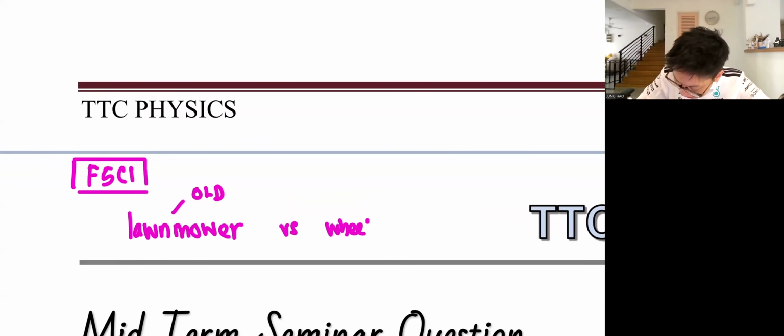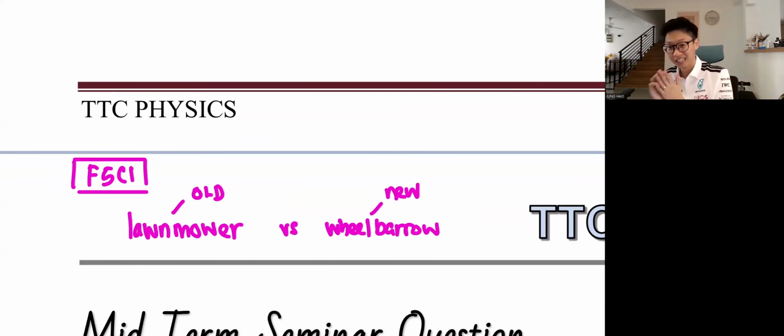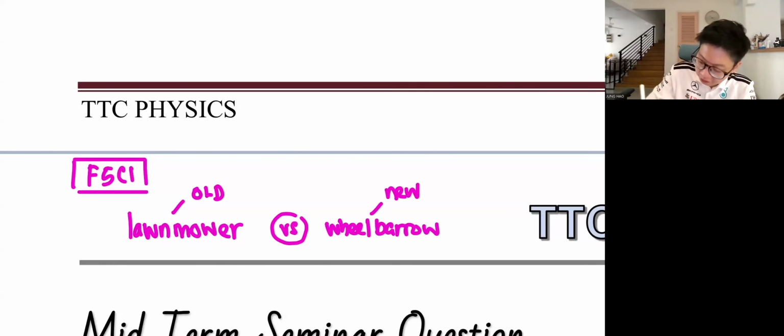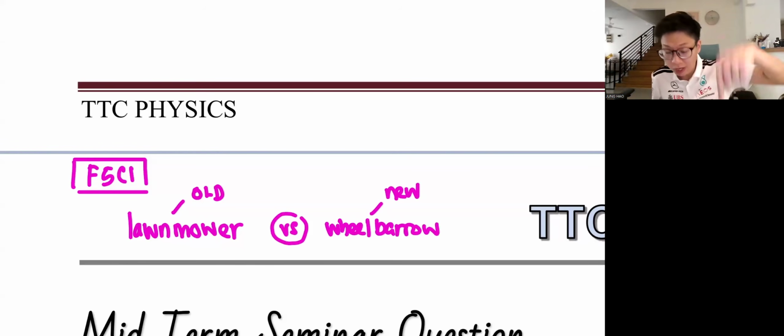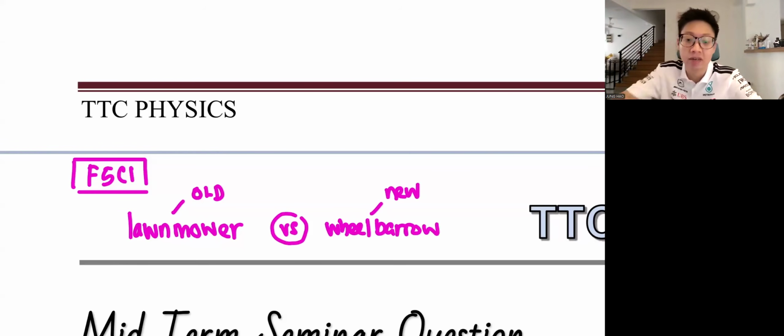Nowadays, they ask something new, which is the wheelbarrow question, the new type of question. So we have the older type of question versus the newer type, the lawnmower versus the wheelbarrow. Today, we will focus on the wheelbarrow because that is supposed to be more challenging and difficult.